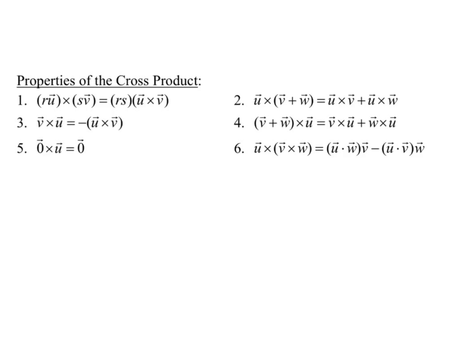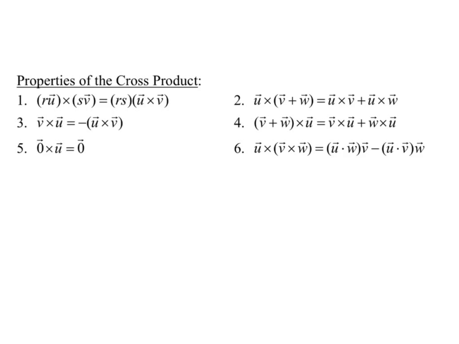Third property is what we talked about on that second slide, where if you switch the order, it switches the sign. Fourth property is right distribution, so pulling the vector in over addition. Fifth property is if you cross a vector with 0, you get the 0 vector.